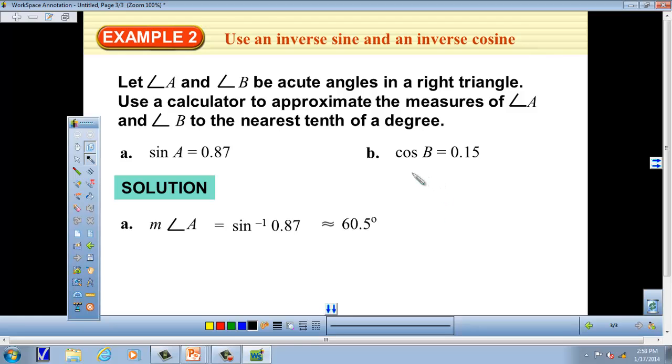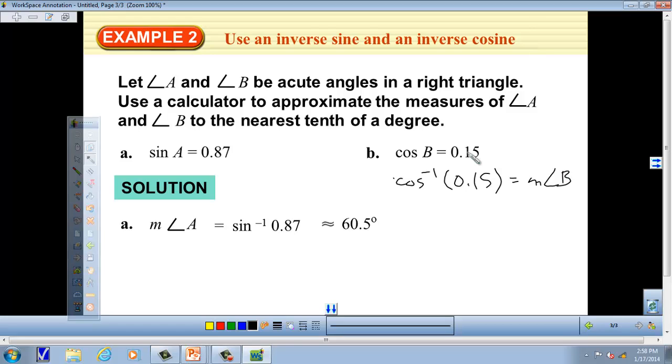So again, we know that the inverse cosine of 0.15 ends up being the measure of angle B. And if we do that, we end up with 81.4. So this ends up equaling 81.4.